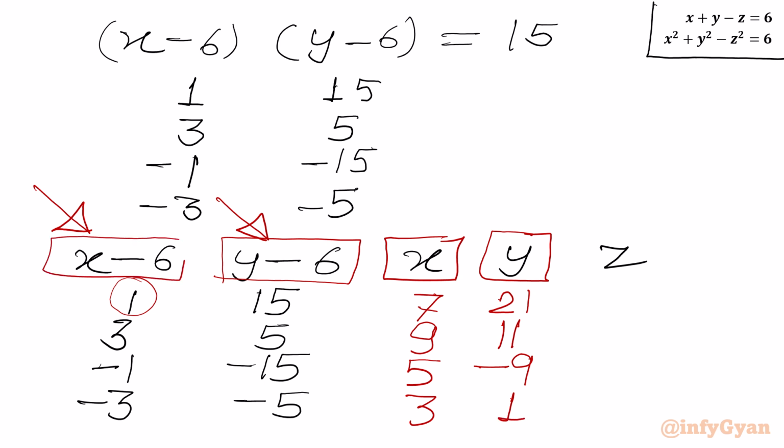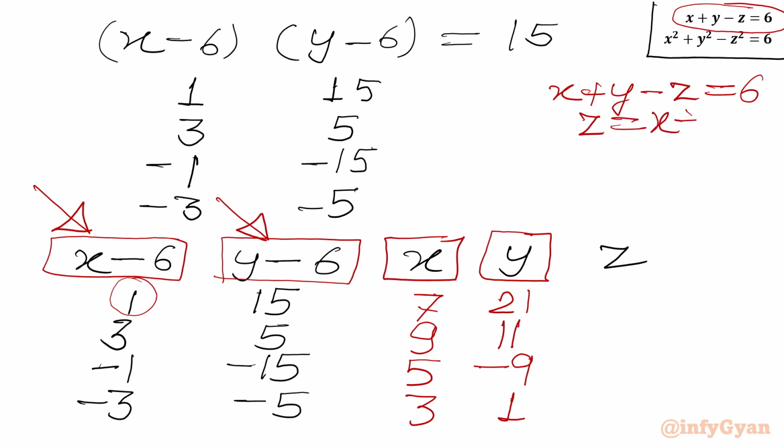Now the point is how to calculate z. So we have to consider our equation 1 once again. So I will write x plus y minus z equal to 6, or z will be equal to x plus y minus 6. So we have to add these two columns and then we have to subtract 6.